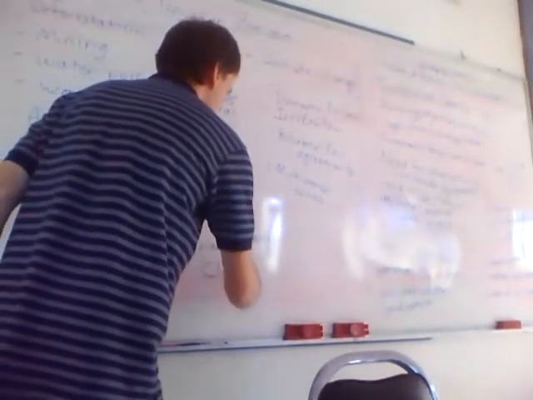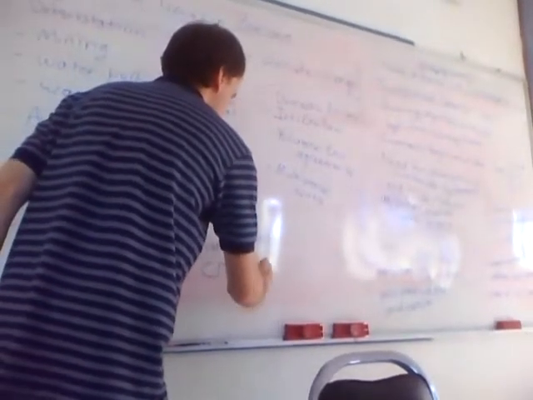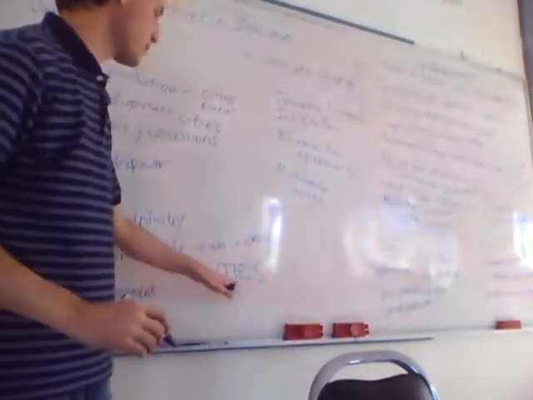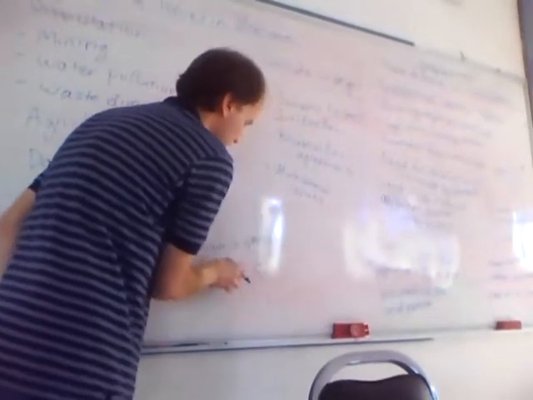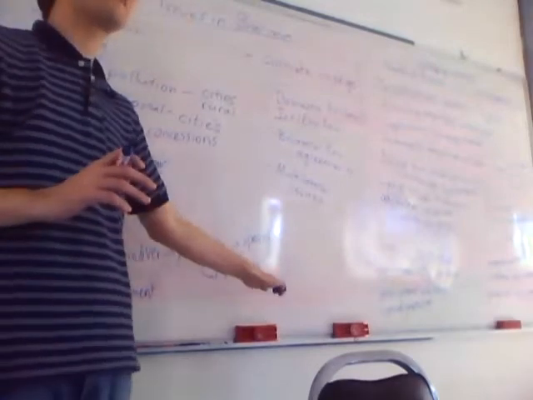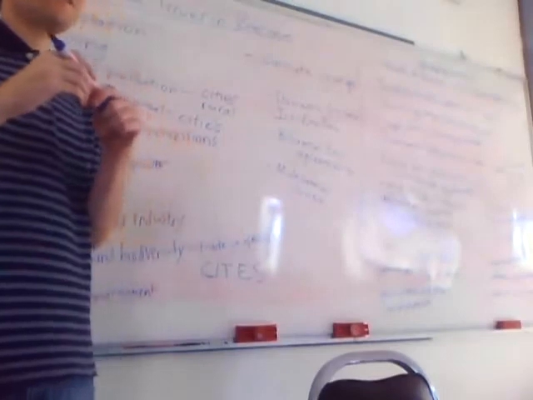CITES is the name of the treaty. The Convention on the International Trade of Endangered Species. So this is the treaty that deals with these traded species. It's a multilateral treaty that can protect some of these species.